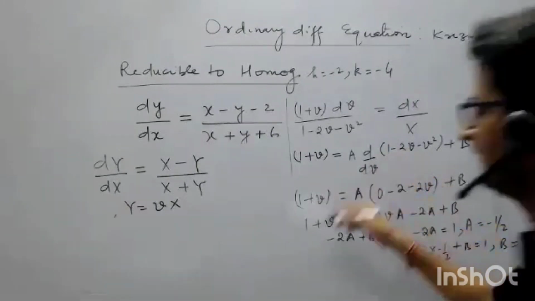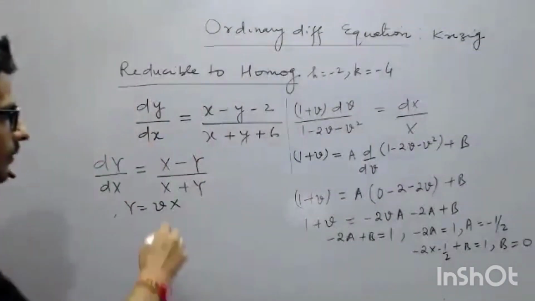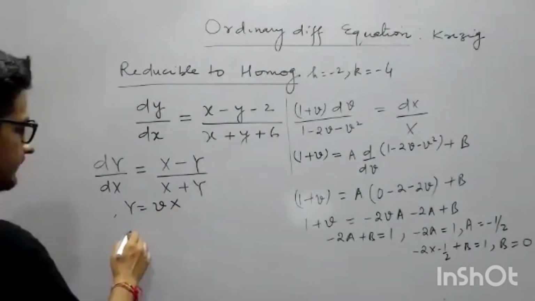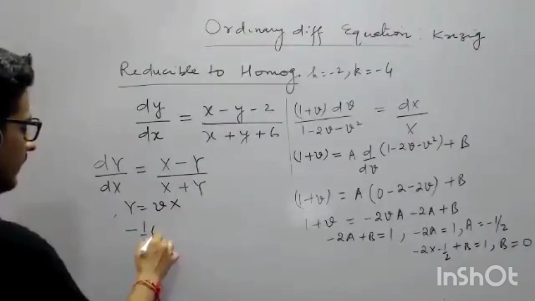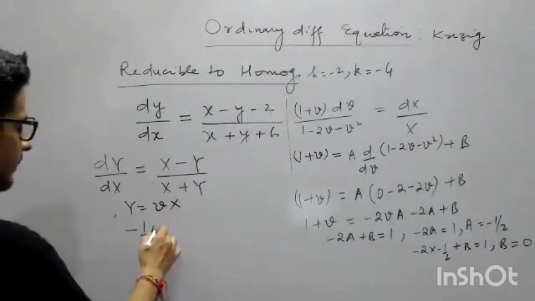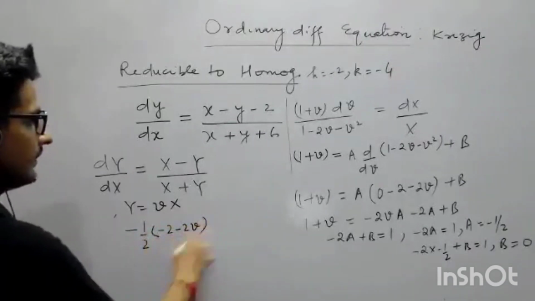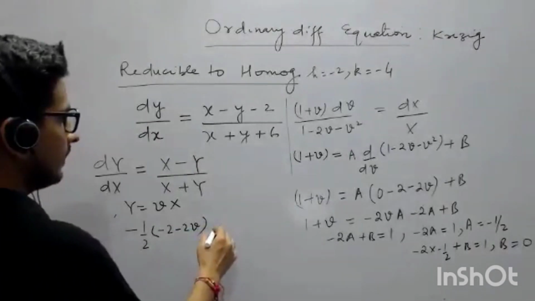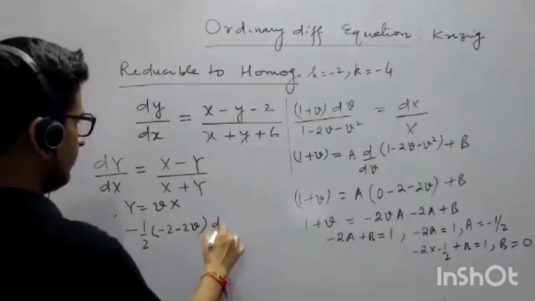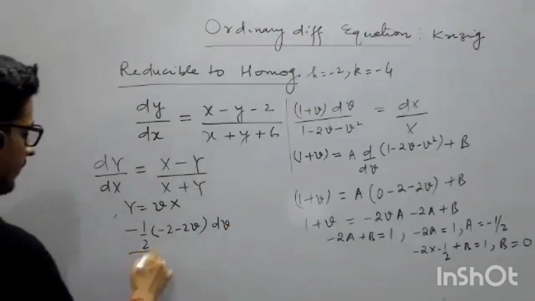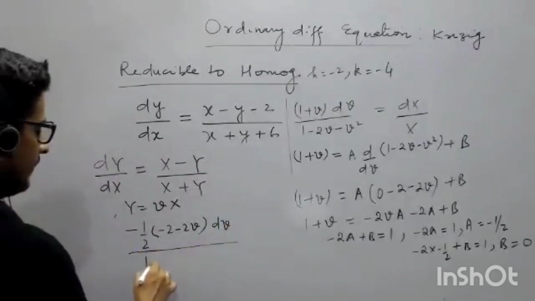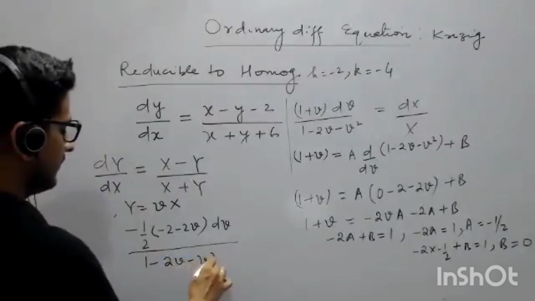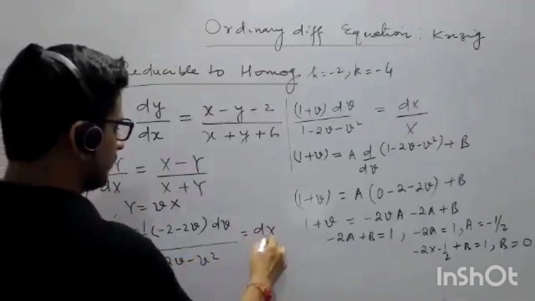So we can write this as, in place of 1 plus V, minus half into minus 2V plus 0, and dV upon 1 minus 2V minus V square is equal to dX by X.